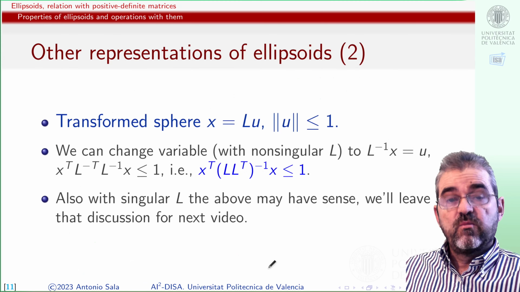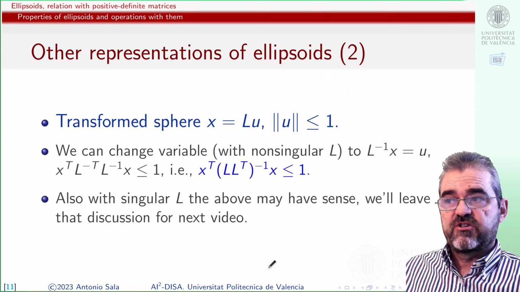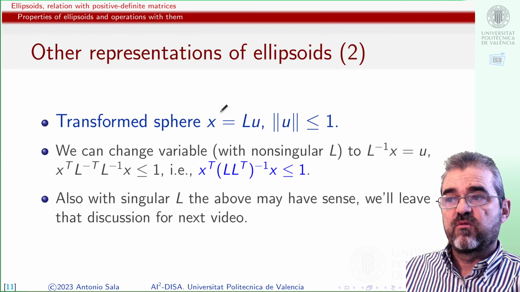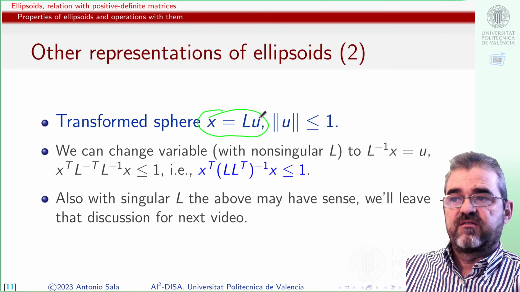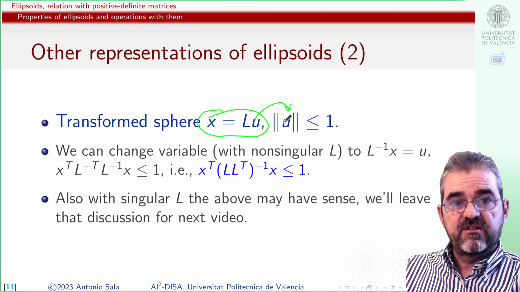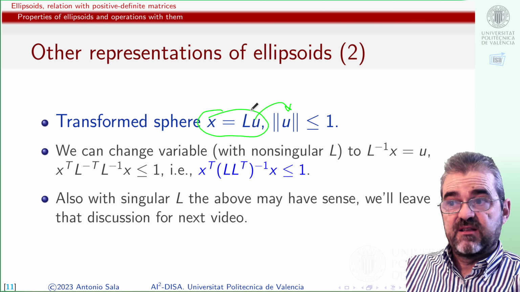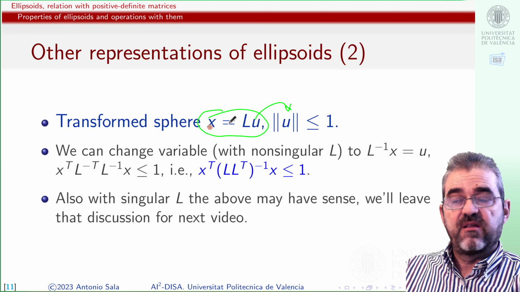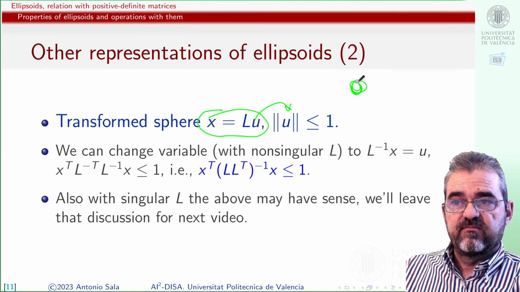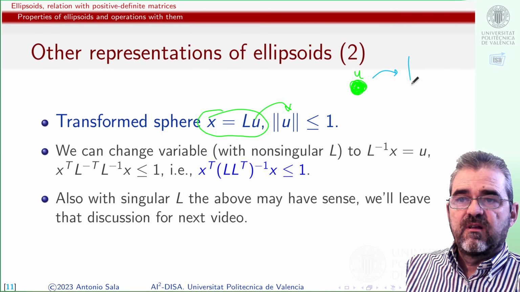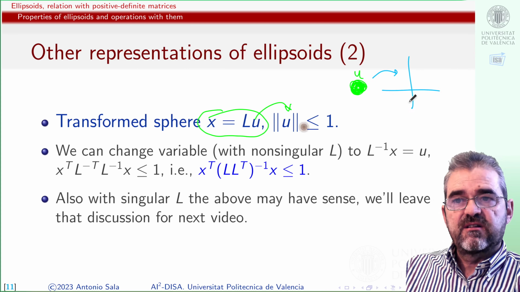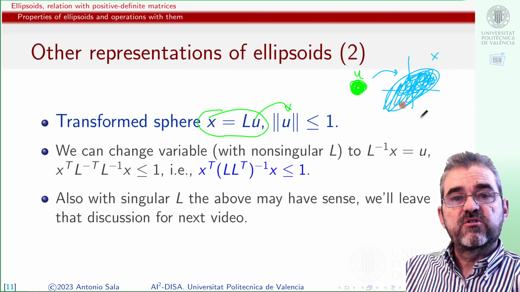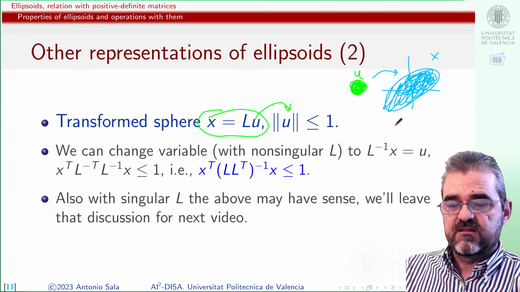Another more interesting representation is as a transformed sphere. I have something U in the unit sphere, and then I multiply it by a matrix L to give me the actual points. So this is U, and after multiplying by some matrix, I get the ellipsoid in some X space.